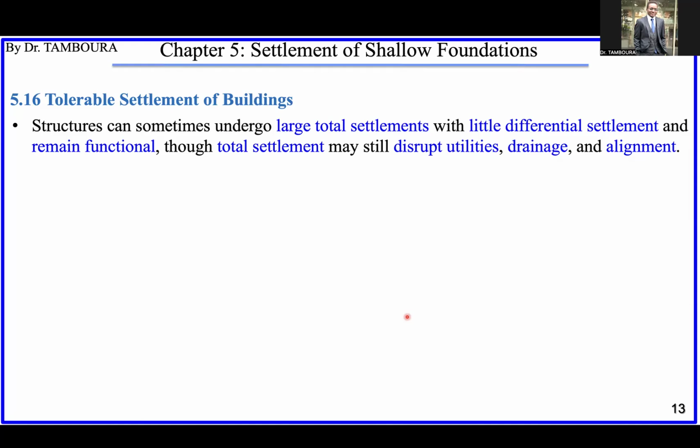If you have this kind of situation, then the building itself will remain functional and you will not see big damage on the building. Okay, but this can still disrupt some utility, drainage, and some alignment. For example, if there are some pipes in the building, this can make the pipes crack.